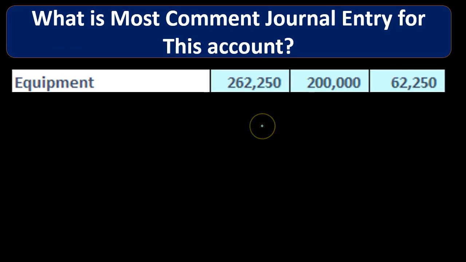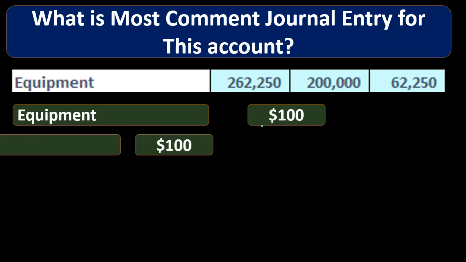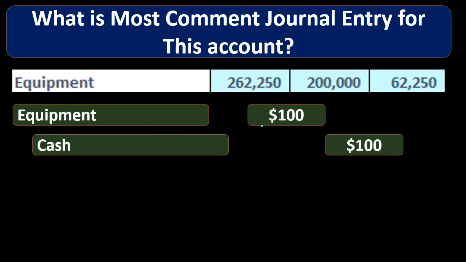That change. Well, if we think about the journal entry for equipment, then if we buy equipment, we're going to debit equipment and credit cash, and possibly credit like a note payable, some type of financing. But if we paid cash for it, this would be the most simplified journal entry. Even if we had a note, there'd be no part of it that would be on the income statement.